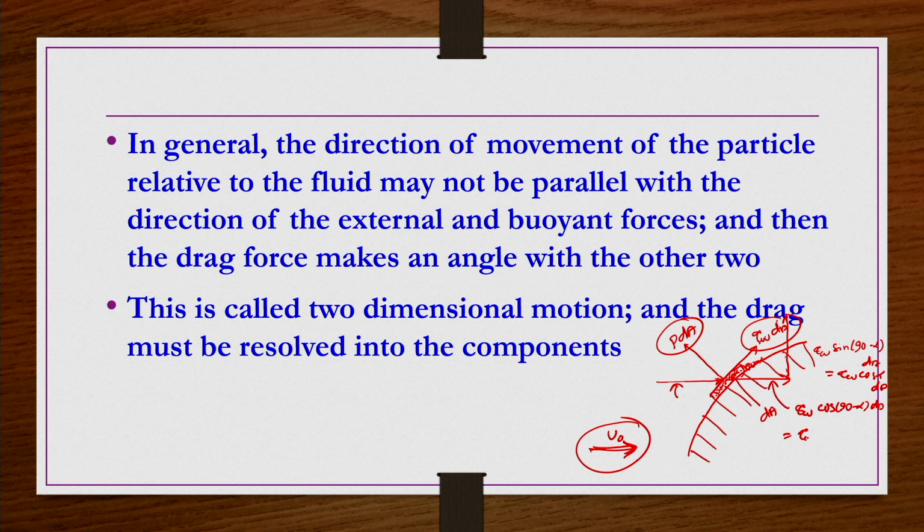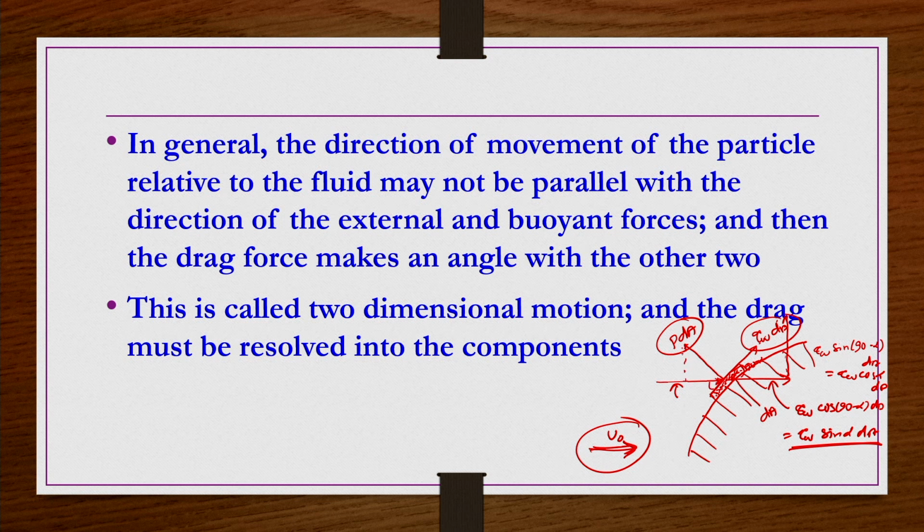So, this is tau w sin alpha dA. So, the wall drag that is acting in the flow direction for this element is tau w sin alpha. Similarly, here if it is 90 minus alpha degrees, then it will be alpha.